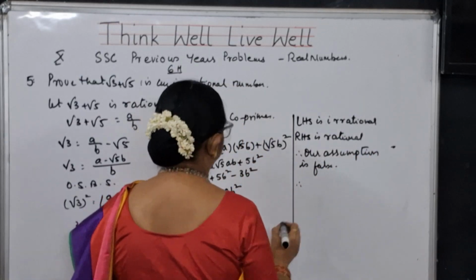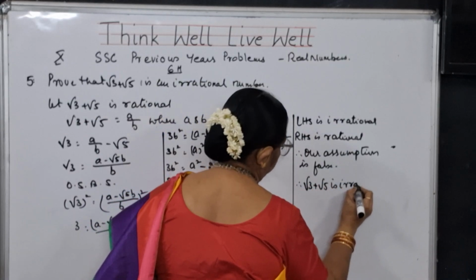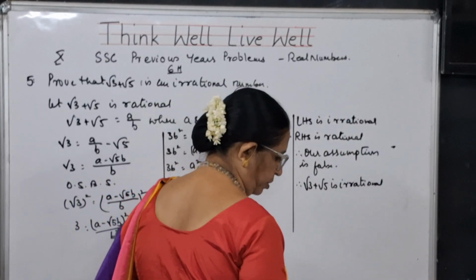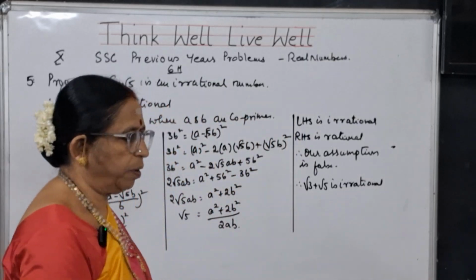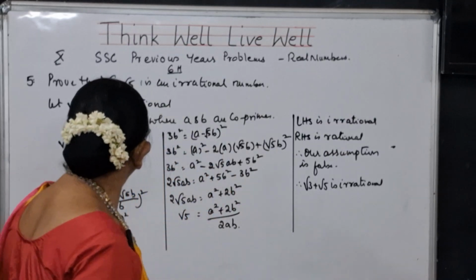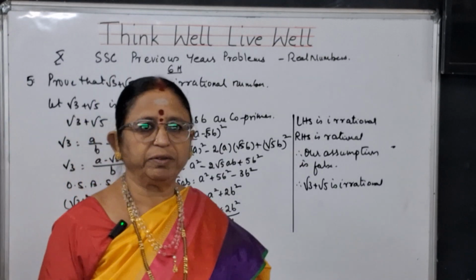Therefore, root 3 plus root 5 is irrational. So see, children, many of the problems are of the same type. Please copy this. Next part we will see in the next class.